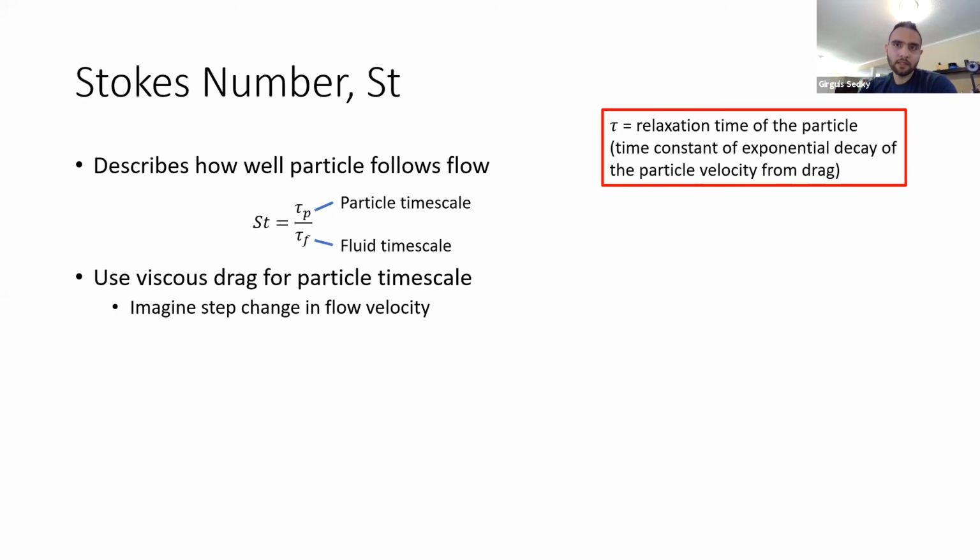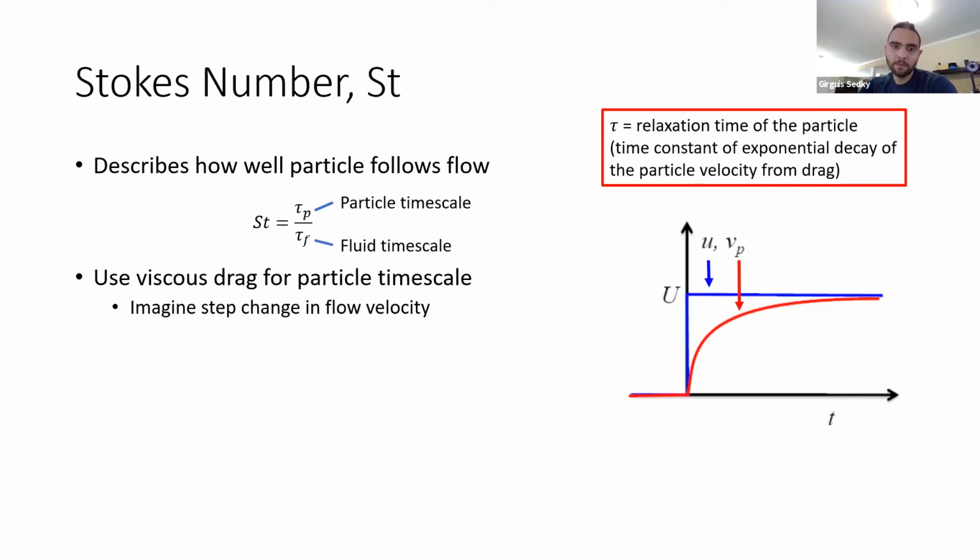So in a sense, imagine you have a flow and imagine you have a wind tunnel, and you turn the wind tunnel on. So you have zero flow and you turn it on, you immediately have some 50 meters per second. That response or time scale is a measure of, once you turn on the wind tunnel, how long will it take for your particle to get up to speed?